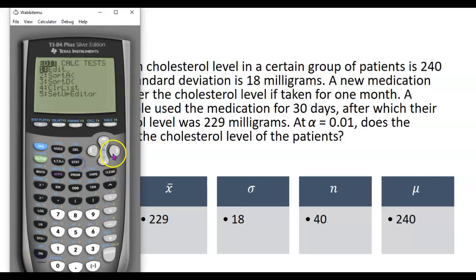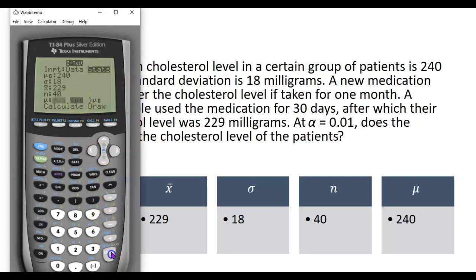So stat, tests, z-test, make sure we're on stats. Mu 0 is 240 in this example. Sigma is 18. X bar is 229, N is 40, and remember our alternative hypothesis had a less than sign. It was that mu was less than the number 240.